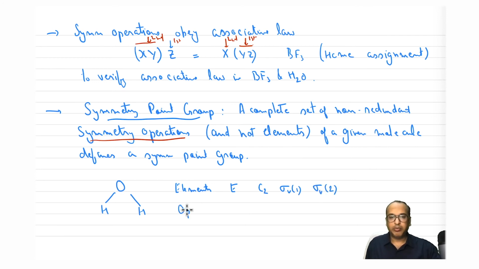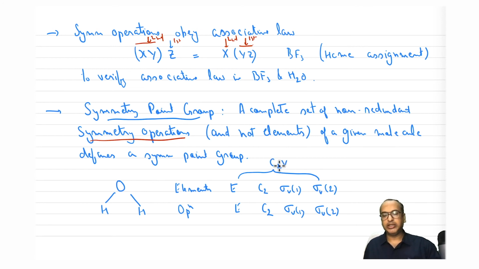And the corresponding operations are E, C2, C2 square will be equal to E, so we'll not consider that. Sigma V1 will generate 1, sigma V2 will generate 1, right? So this forms a point group called C2V. Okay, so we define it as C2V.